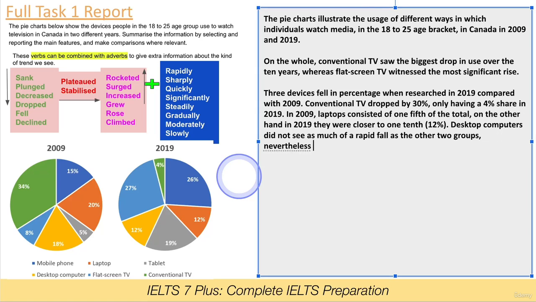Nevertheless, there was still a 6% drop. Okay, let's read this back.